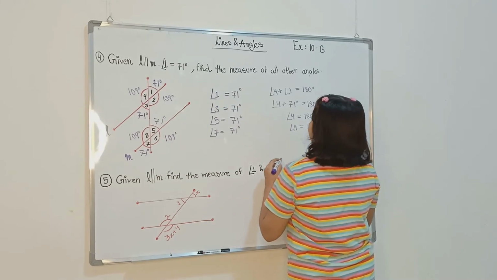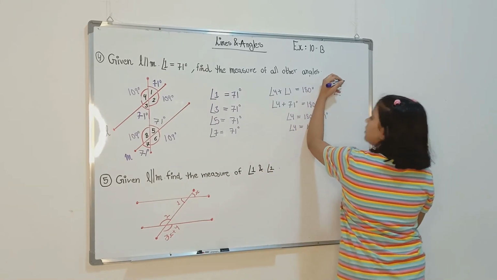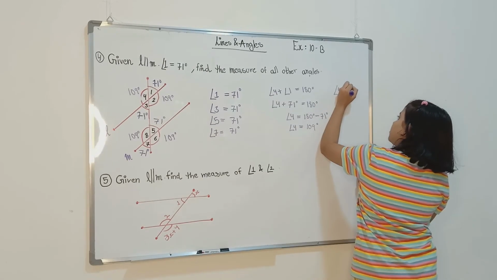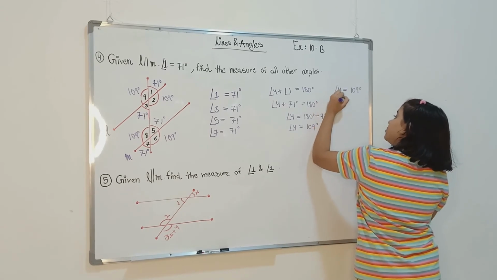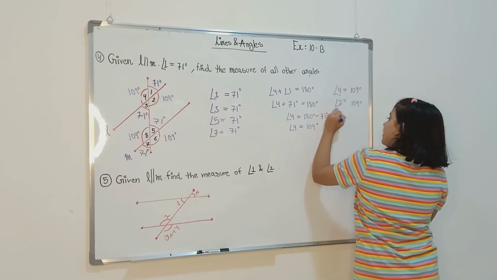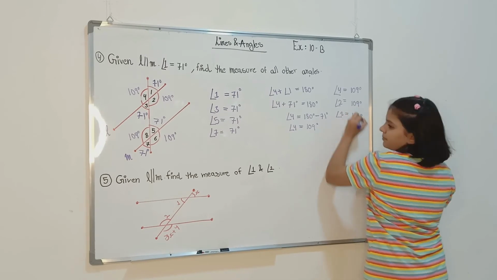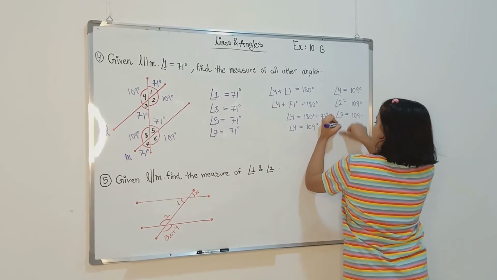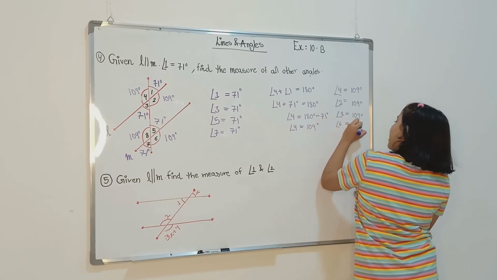So here I'll write angle 4 is equal to 109 degree, angle 2 is equal to 109 degree, angle 8 is equal to 109 degree, and angle 6 is equal to 109 degree.